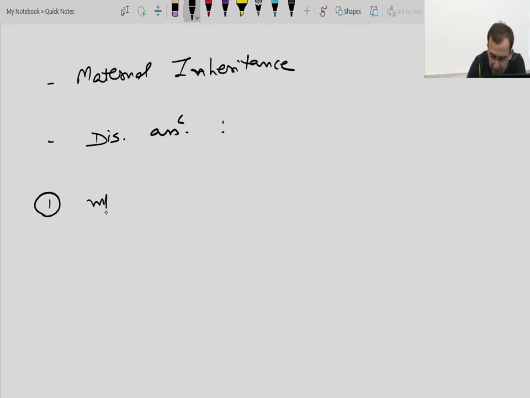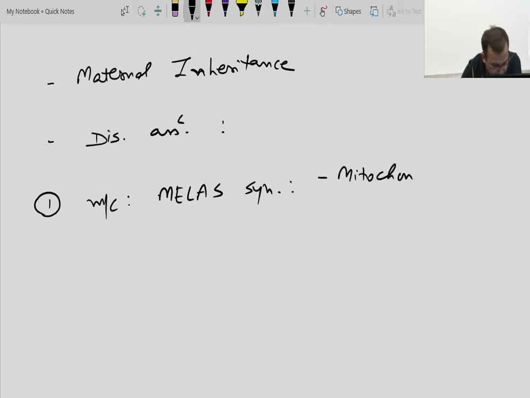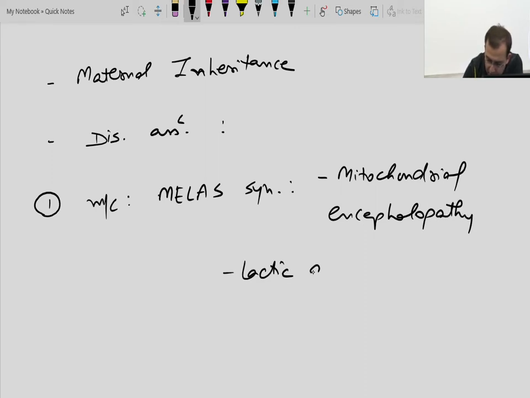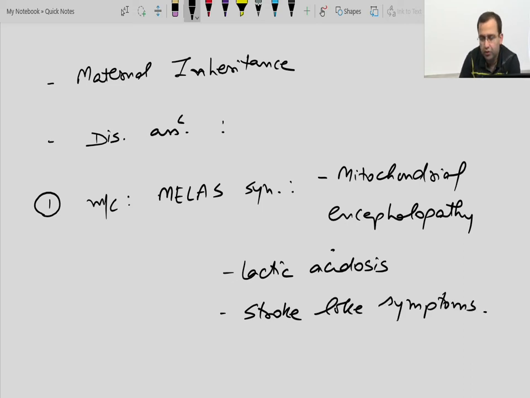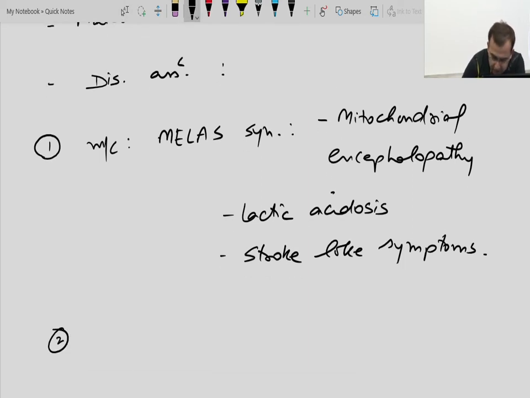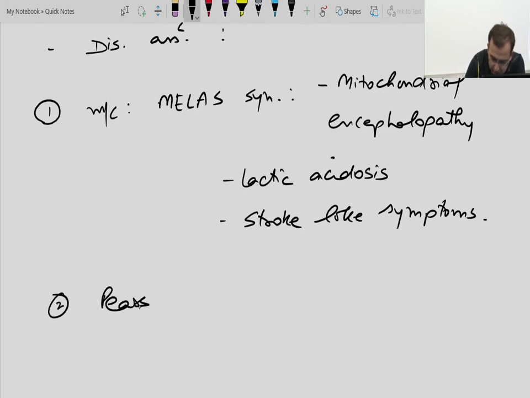The most common being MELAS syndrome. MELAS stands for mitochondrial encephalopathy, lactic acidosis and stroke-like symptoms. The next disease is Pearson's syndrome.